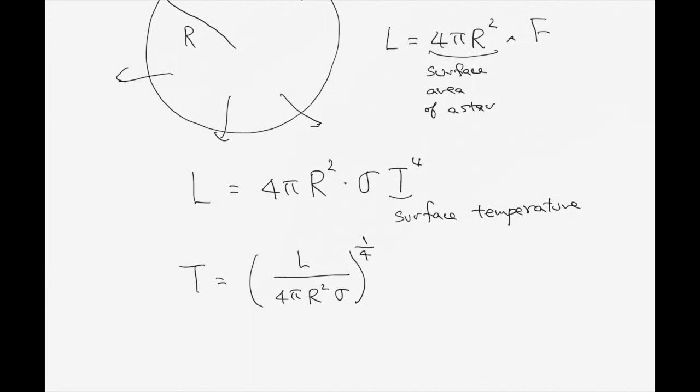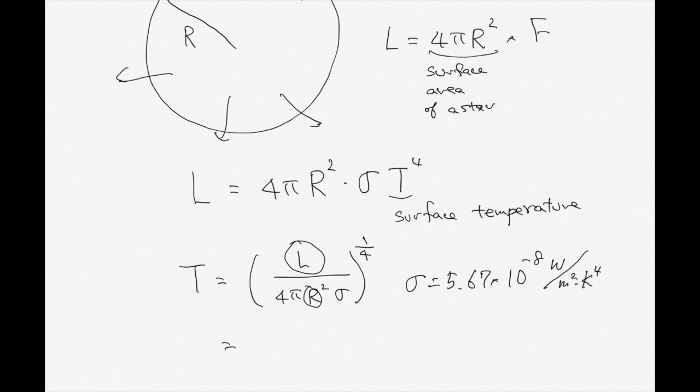Then you can substitute the luminosity of the sun, the radius of the sun, and sigma. Sigma is a constant, given by 5.67 × 10⁻⁸ watts per square meter Kelvin to the fourth.